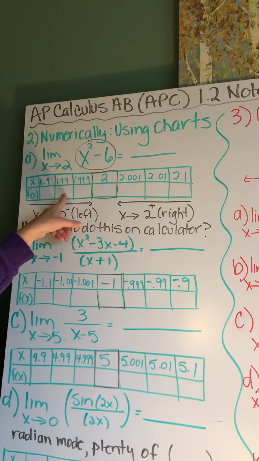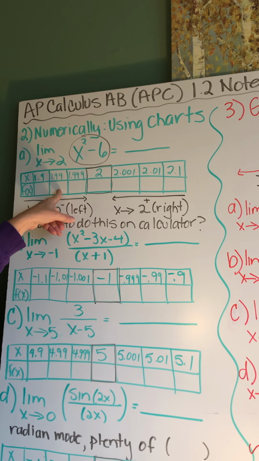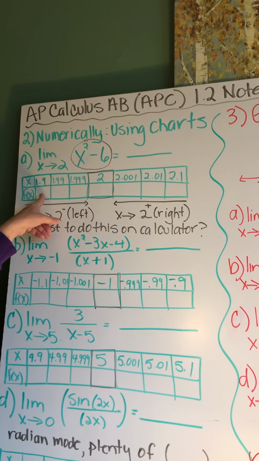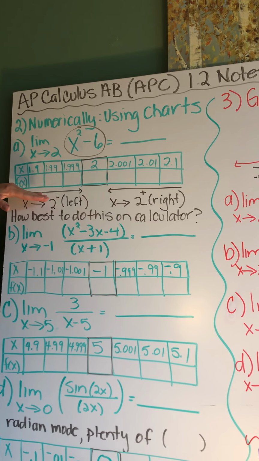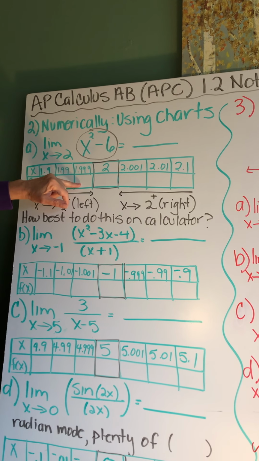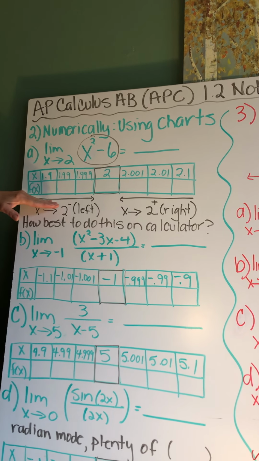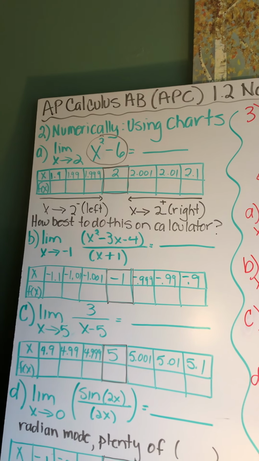A little bit farther on the left from 2, 1/100th of a way is 1.99. And then 1/10 away is 1.9. If I put these x's into the function and get the y values out and write them right here, that will give me the value of the function as I approach 2 from the left.